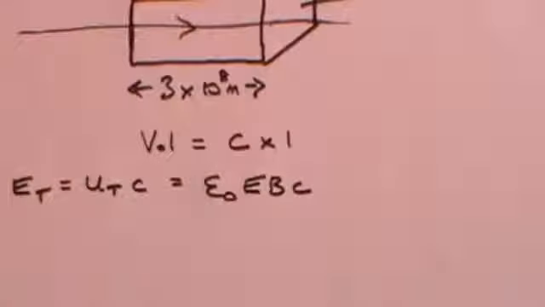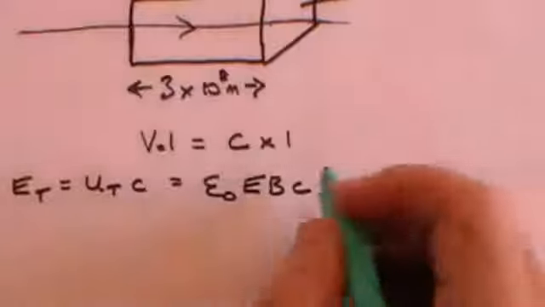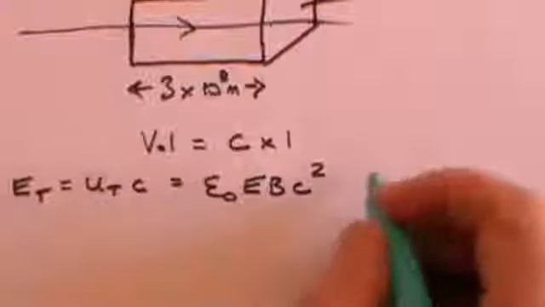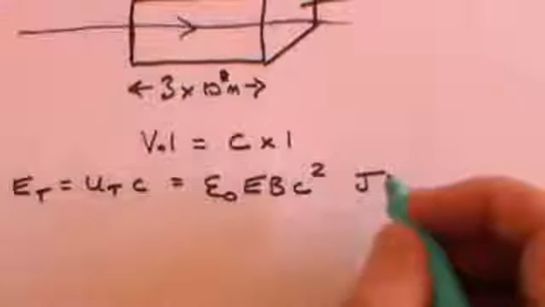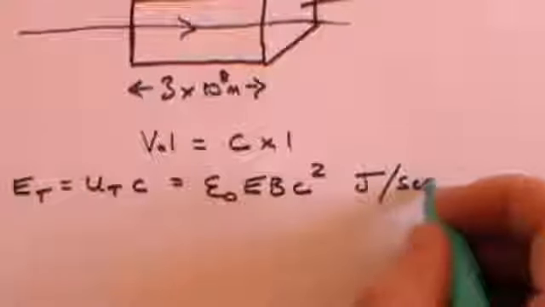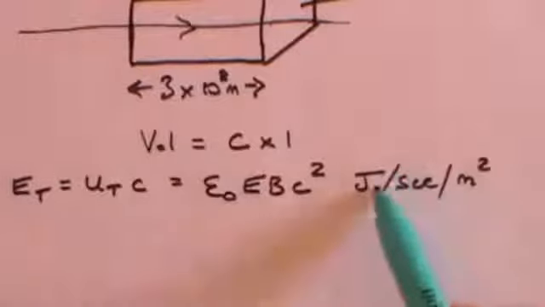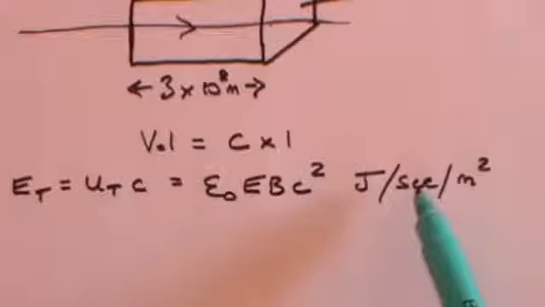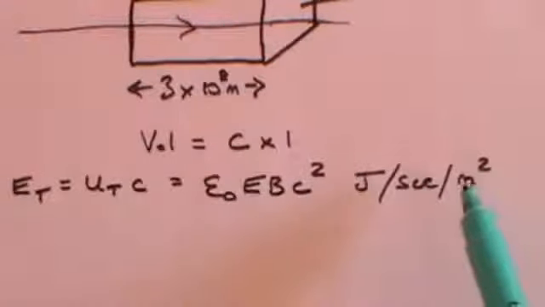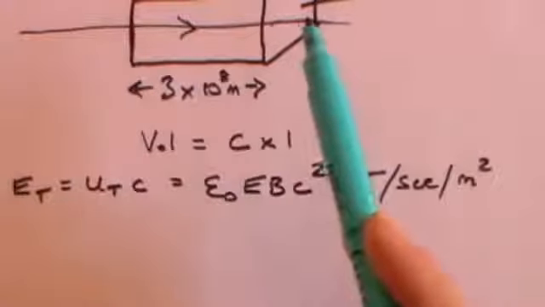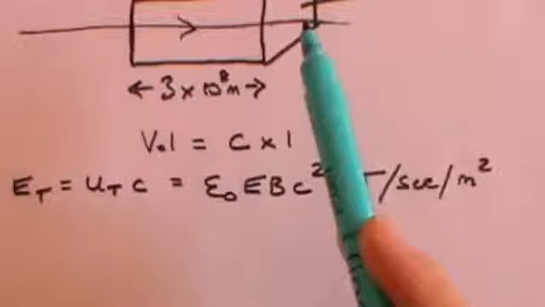But now we have to multiply by the volume, which is C, so we get a C squared. And that will now be measured as joules per second per meter squared. It's the amount of energy flowing per second through the box per meter squared, because the cross-sectional area of the box is 1 meter squared.